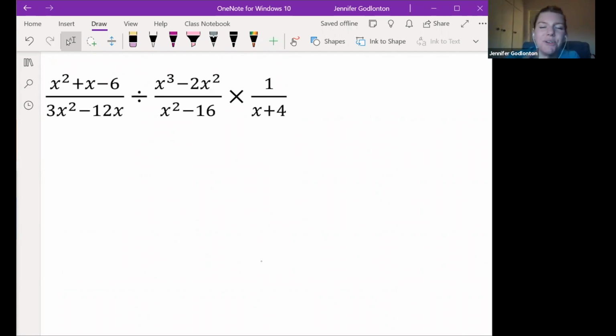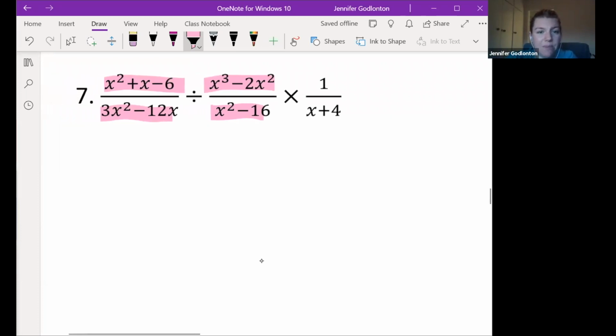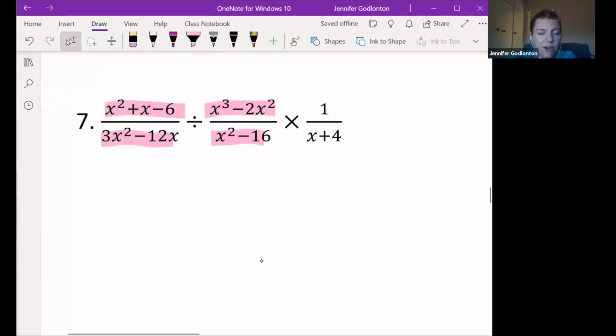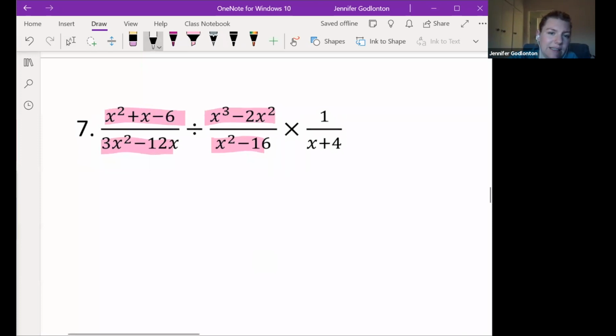I'm going to chat you through a couple of things. The first thing I want you to do is factorize each of these. So everything that I have in pink, I want you to factorize. That's your first step. Sorry, can you see now? Is that easier? Let me just get rid of this number so it doesn't confuse anyone.